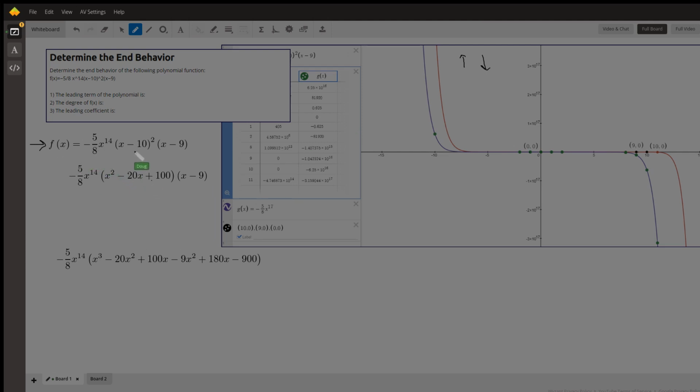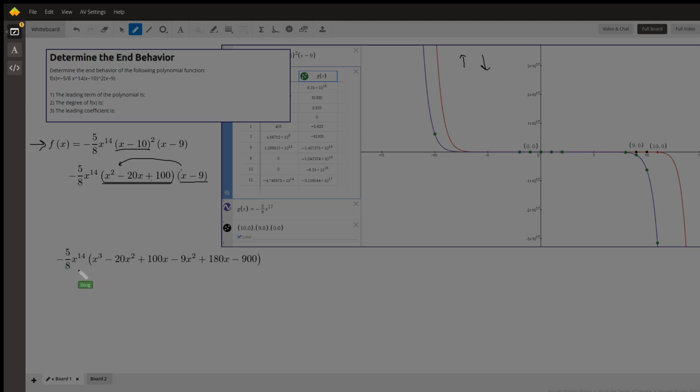Well, you could think I'm going to expand all these binomials, multiply everything together to find out what the leading term is. So if you square x minus 10, you get this trinomial. If you then multiply x minus 9 times that trinomial, you get x cubed minus 20x squared plus, in other words, I'm just multiplying every term here by x, and then every term by negative 9.